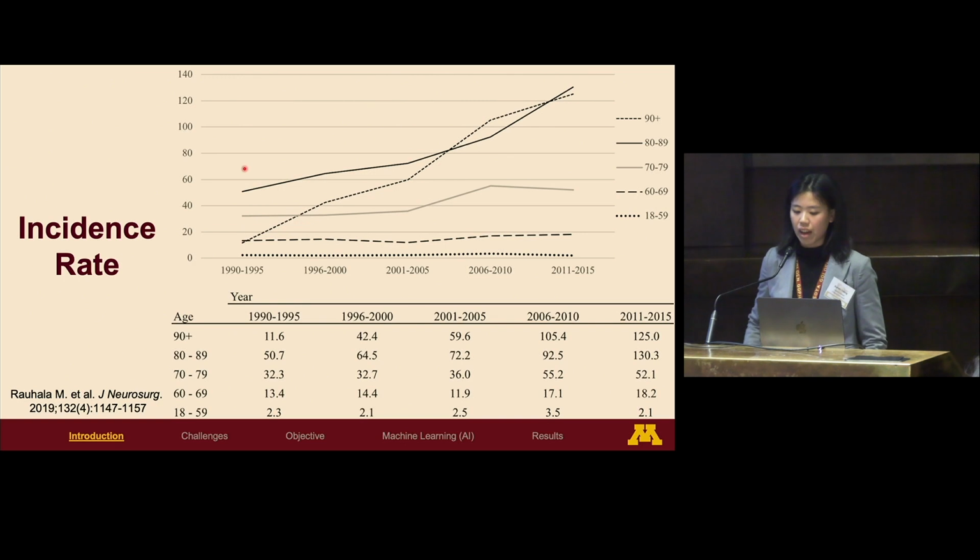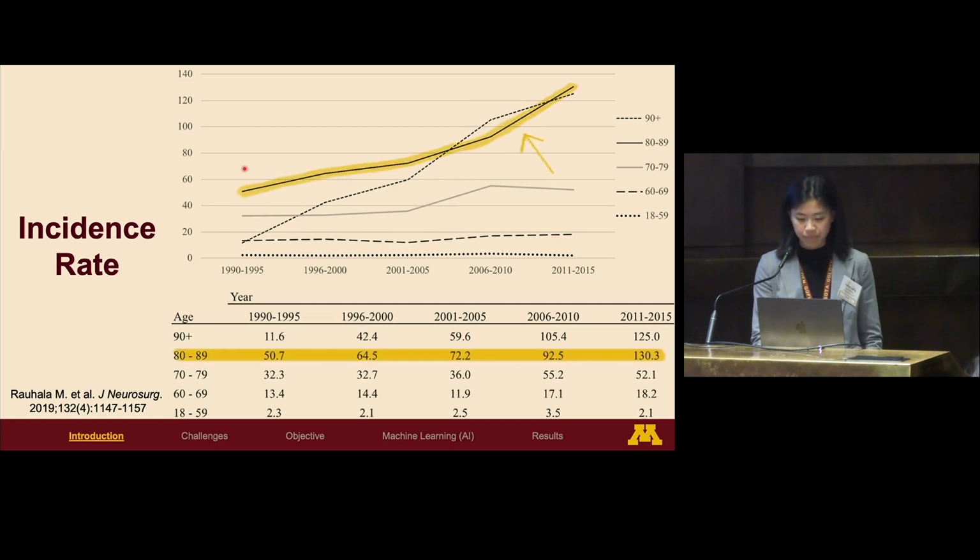The following data are from a study from Finland. From the highlighted area, we can see that from 1990 to 2015, the overall incidence of chronic subdural hematoma nearly tripled for those in the 80 to 89 age range, while the incidence remained relatively stable for those younger than 80 years old.